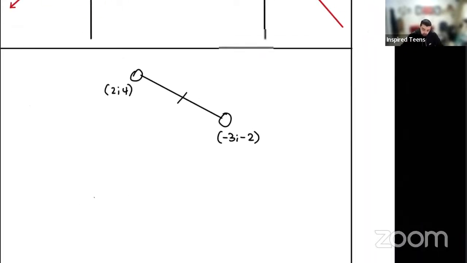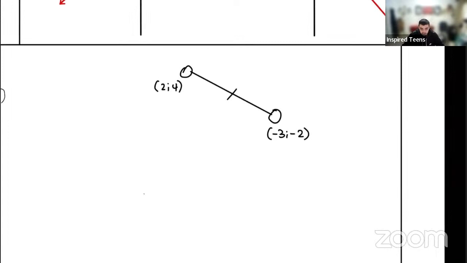What happens if I say, calculate the midpoint of these two, calculate the midpoint of AB. Right, what's the midpoint of AB? You're going to use your midpoint formula. So x1 plus x2 over 2, and then y1 plus y2 over 2.